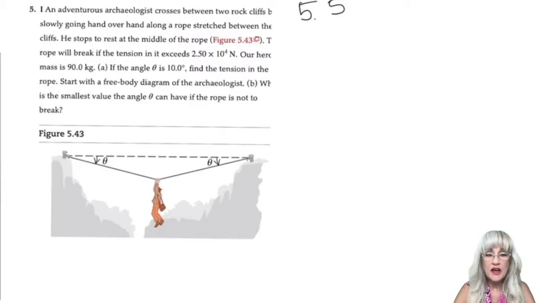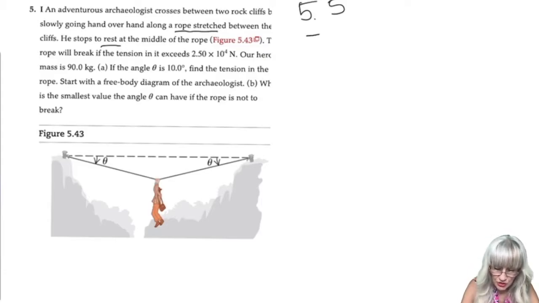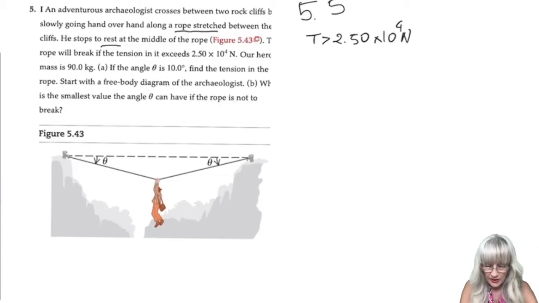In problem 5.5, an archaeologist crosses two rock cliffs. There is a rope that is stretched in between. He stops to rest in the middle of the rope. The rope will break if the tension exceeds this value in Newton, a force always in Newton.